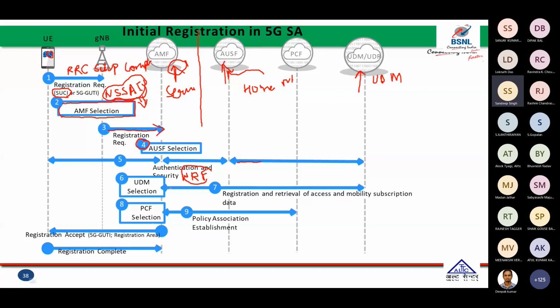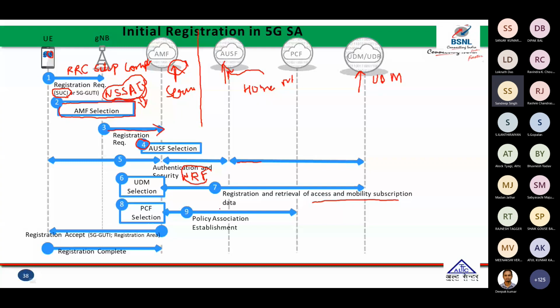So the AMF selects the UDM for what purpose? For the registration and retrieval of the SMS and mobility subscription data, whether the UE is subscribed for the 3GPP eMBB slice or URLLC slice, and whether it is allowed to register in this registration area or not.